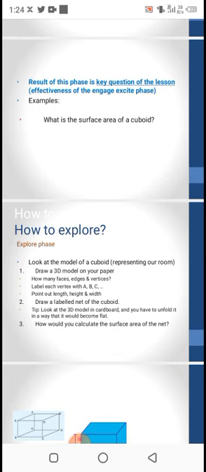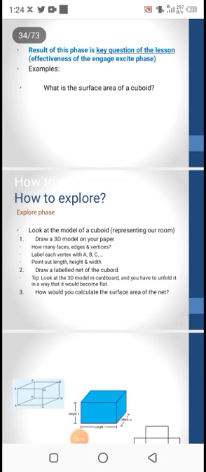The second phase is explore. How to help your learners to explore. Explore first. Look at the model of a keyboard representing our room. Draw a 3D model on your paper. How many faces, edges, and vertices?